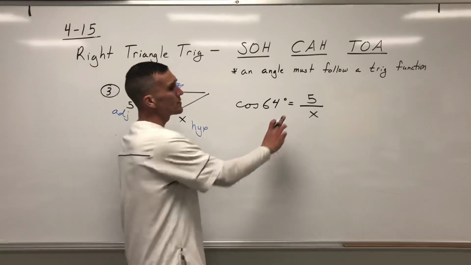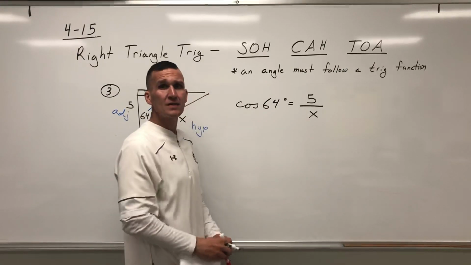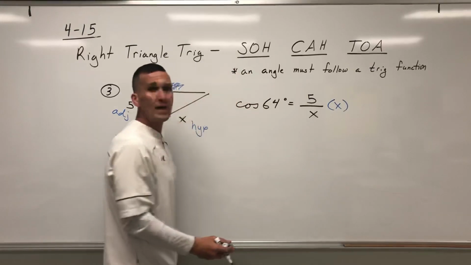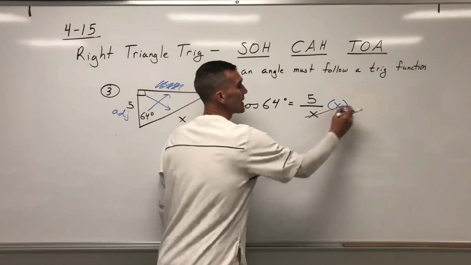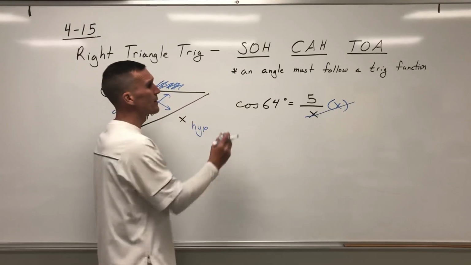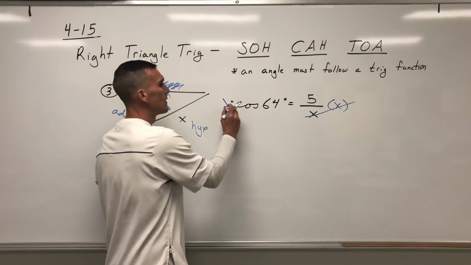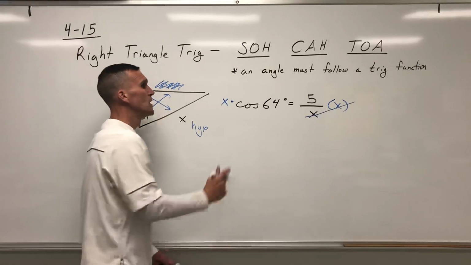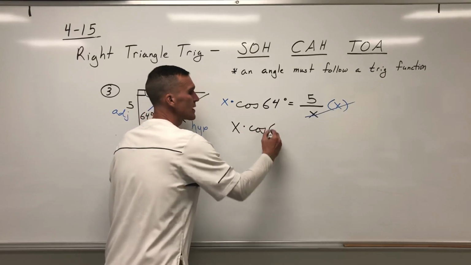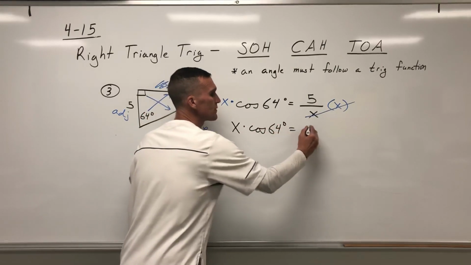So you guys, in order to get rid of divide by x, we multiply by x. When we do that, on the right side, the x's reduce or cancel, but we gotta be fair. If you multiply the right side by x, you have to multiply the left side by x. So now I have the variable x times cosine of 64 degrees is equal to 5.